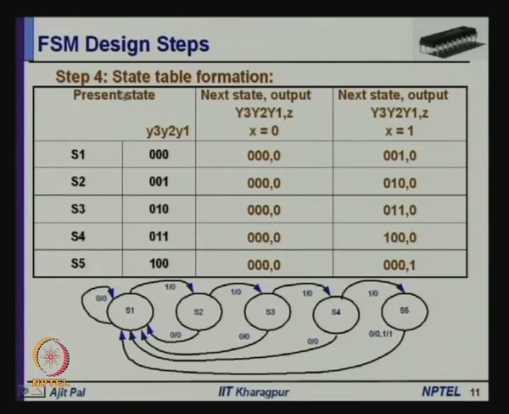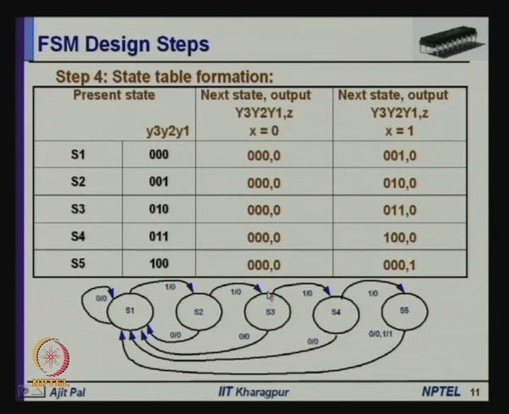How are you doing it? Suppose the machine is in state S1, the present state, and the input x1 is 0. Then it remains in state S1, as shown by 000, and it also produces 0, so you enter 0 here. Similarly, when the input is 1, it goes to the next state, whose code is 001, and the output is also 0, as listed here. In this way you can complete the entire table.